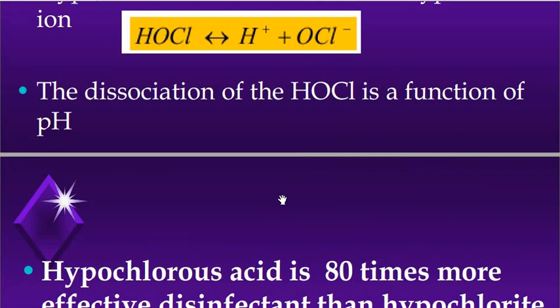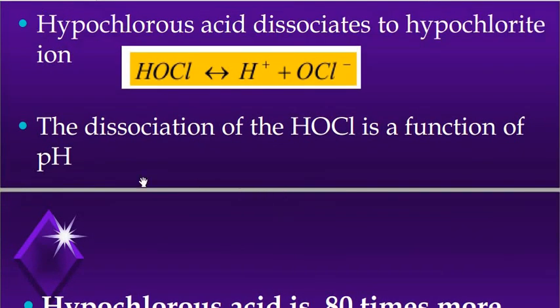So the value of the pH shows how the hypochlorous acid dissociates, in what quantity. It will directly depend upon the pH of the water. We will see later how the pH plays an important role in the dissociation of the hypochlorous acid.